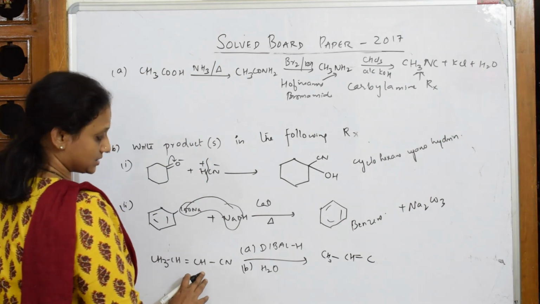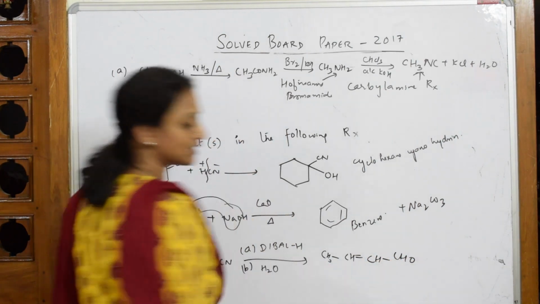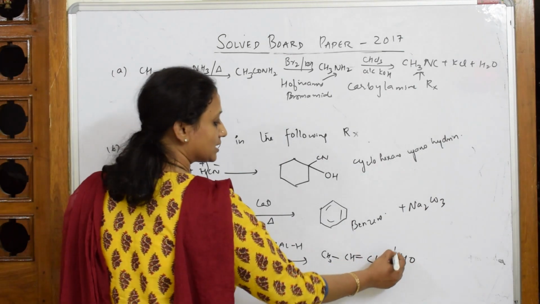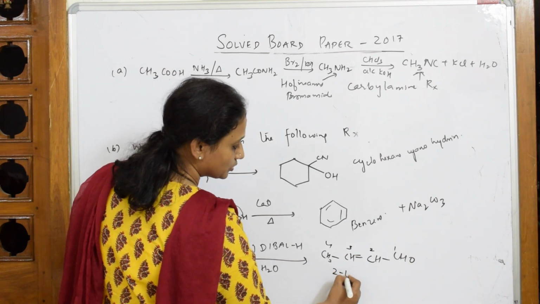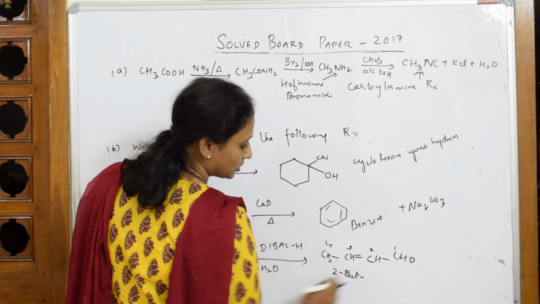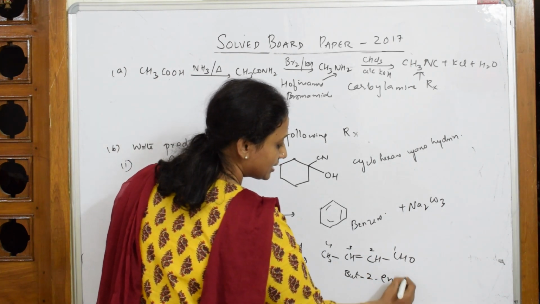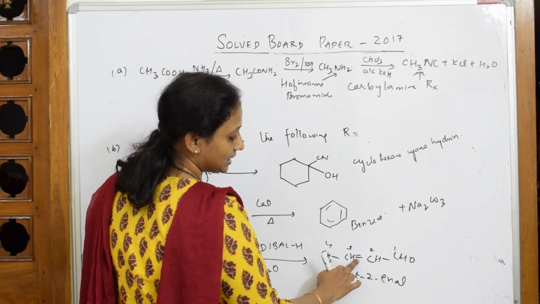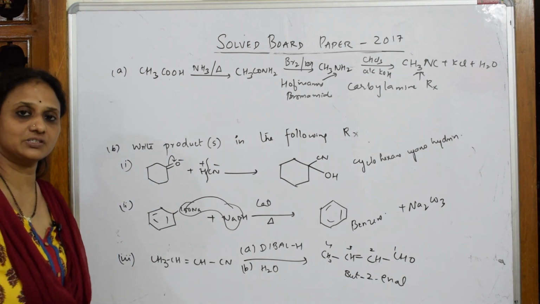And the last is again CH and your CHO. Cyano only will get converted to aldehyde group. Yes, so how many is this? 1, 2, 3, 4. So but-2-enal. Why did I write but-2-enal? But, 4 carbon chain. En is in the second position, alkene. Al is for the aldehyde. So let us come back and do the part B of this question.